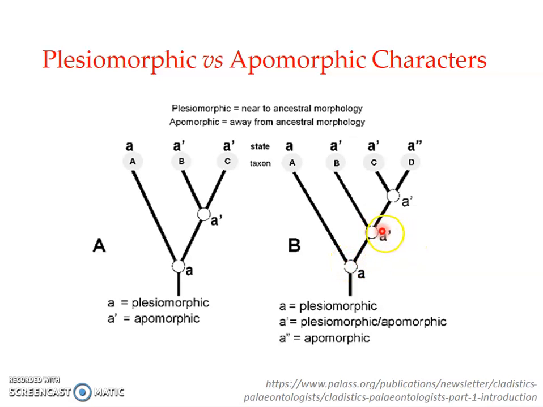A prime could be plesiomorphic or apomorphic. Considering this species, A prime is apomorphic and A is a plesiomorphic, primitive character. But while considering the species D, A as well as A prime are plesiomorphic, while A double prime is apomorphic. Clear?